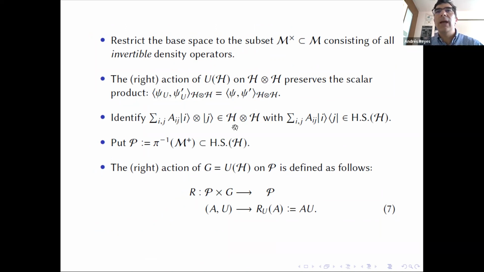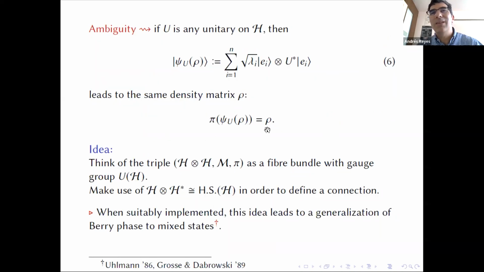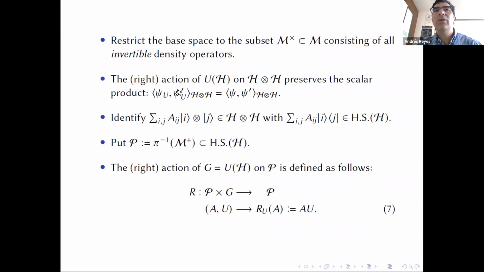And now, since I will work with positive elements, here the isomorphism is between H and H dual, but I will just do something similar between H tensor H and Hilbert-Schmidt operators.